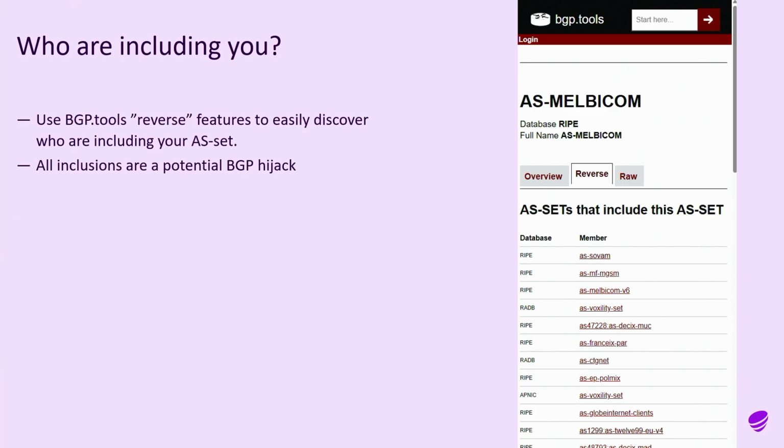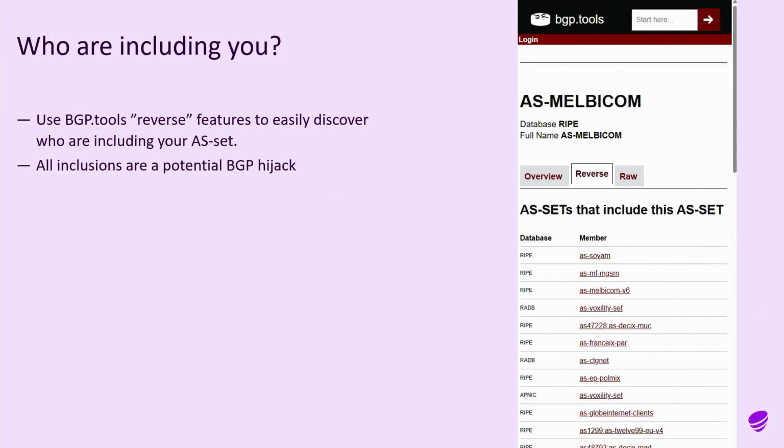And I'm not too sure if Melbicom would actually be okay with all of these guys re-advertising what they advertise to the internet. A few of them may be okay because that's their IP transit providers, but maybe all of them, not so much.